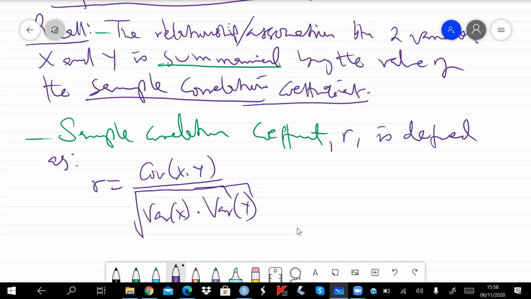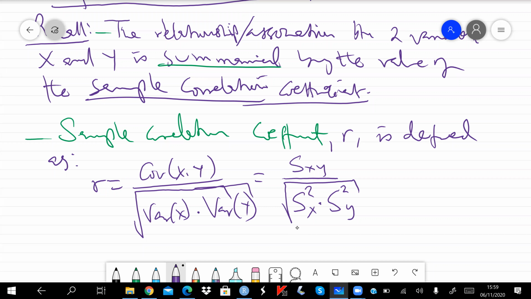In words, that's how you define it. The divisor is the square root of those two. In symbols, it is the same as the covariance divided by the square root of s squared of x multiplied by s squared of y.